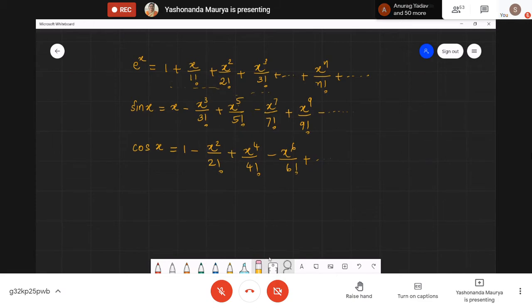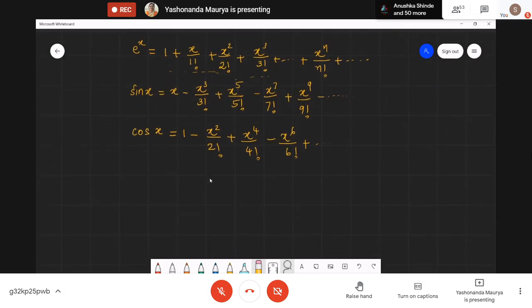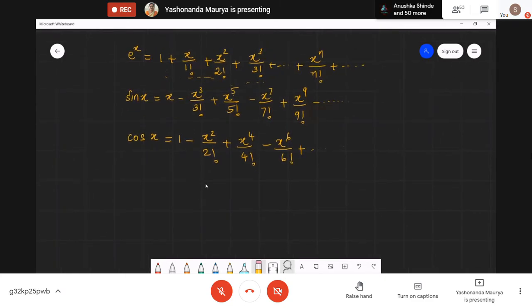Okay. What else we have studied is the expansion for the log series also. So what is the expansion for this log function? You remember log of 1 plus x. What is the expansion for log of 1 plus x?